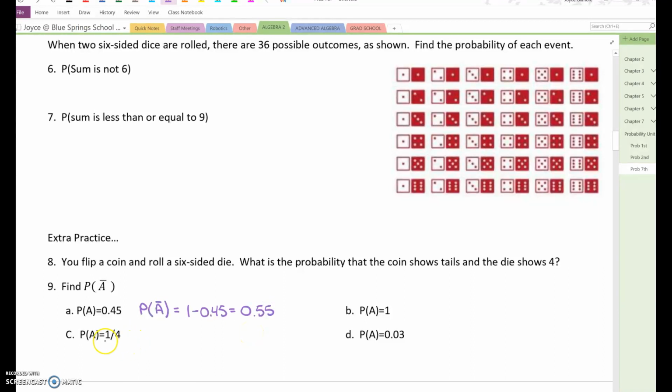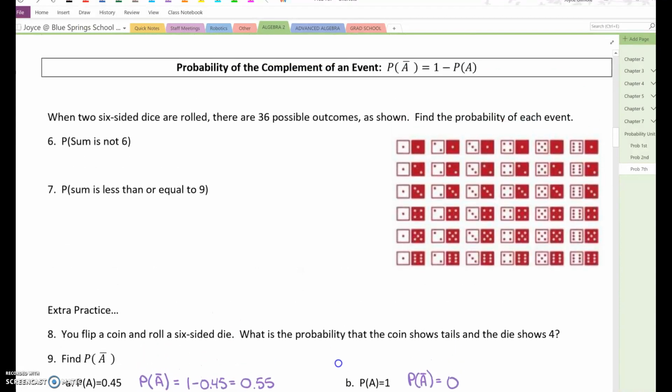If I tell you that the probability of A is 1/4, what's the probability that A doesn't happen? Don't think too hard. 3/4. If 1/4 happens, 3/4 doesn't. If the probability that something's going to happen is 1, what's the probability that it's not going to happen? 0.